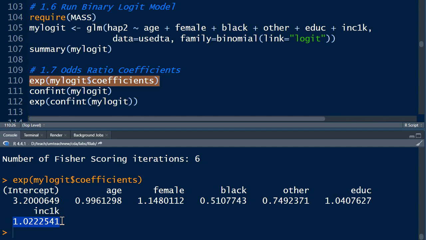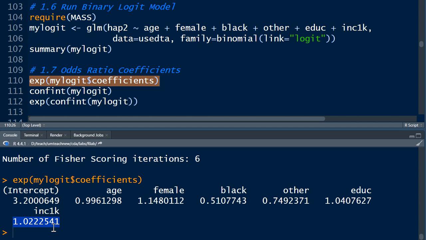So let's move on to income. Holding all other variables constant, for each $1,000 increase in income, because it's measured in $1,000, we would expect the odds of being happy to increase. Why? Because the coefficient is greater than 1.